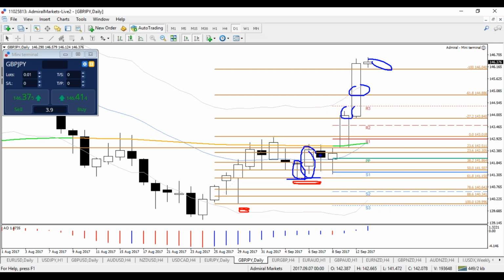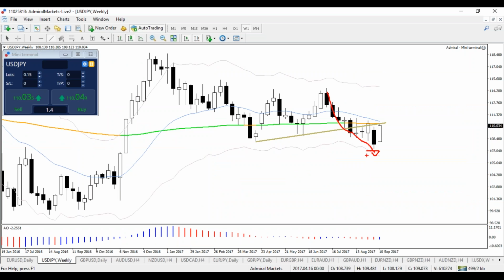This was a breakout. We had momentum to the downside, right? And we have a good breakout candle. Good candle size, good candle closing at the low. So from this perspective, we have momentum here. We could easily expect price to get deeper than that, right?